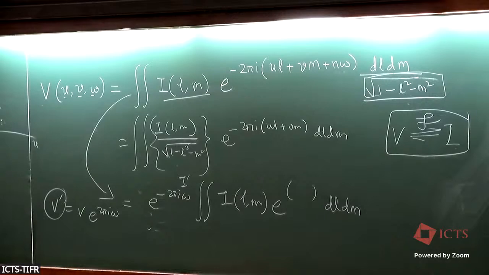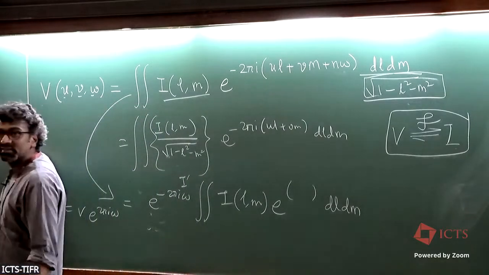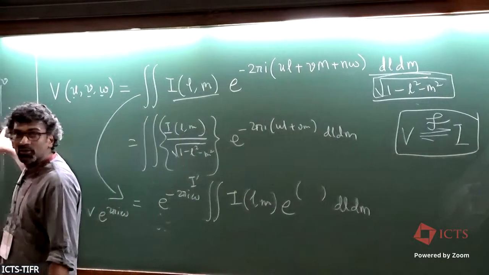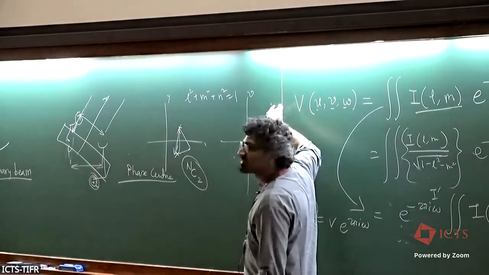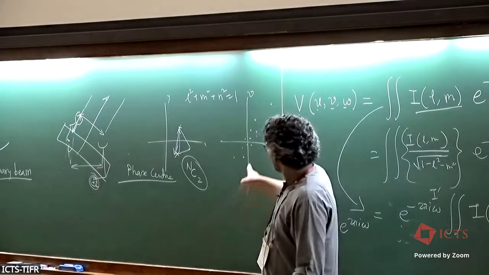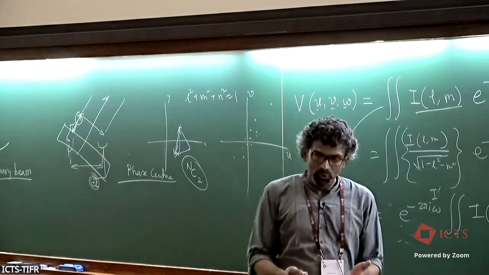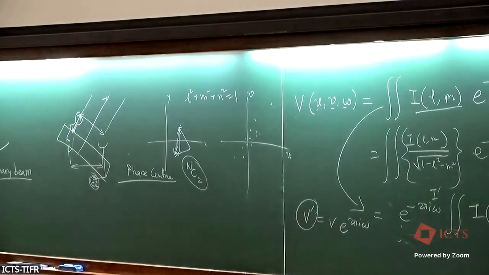And you will see from here also, the largest scale of emission that you can pick up will depend on where you are sampling it. Exactly like my longest separation will tell me what is my resolution, the smallest separation will tell me up to what scale I can pick up I_lm. Anything which is varying in a fashion smoother than that length scale will not even be picked up by your interferometer.